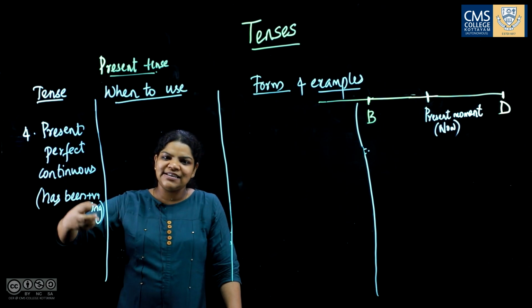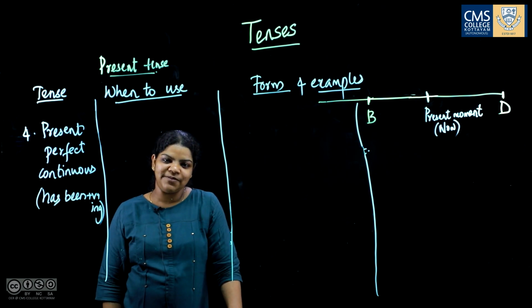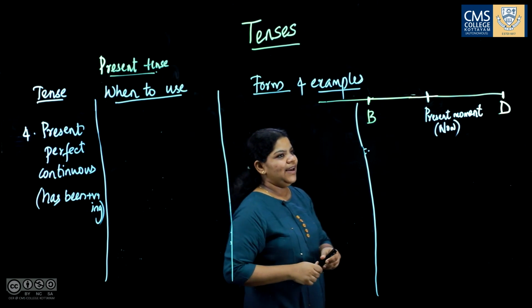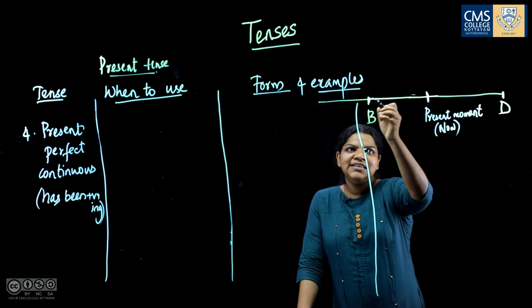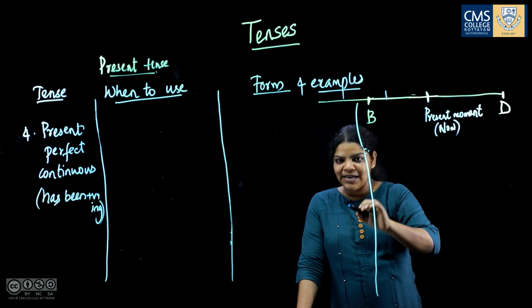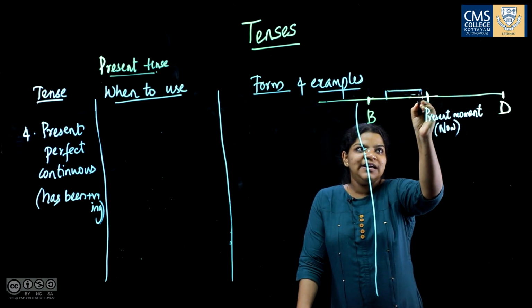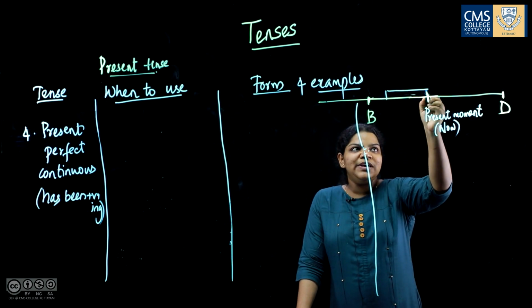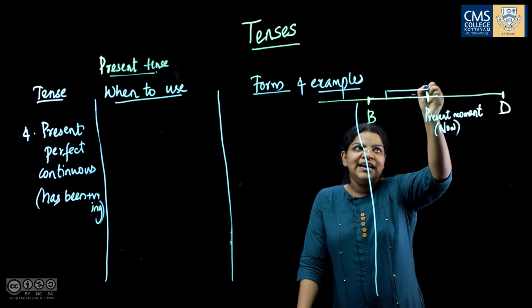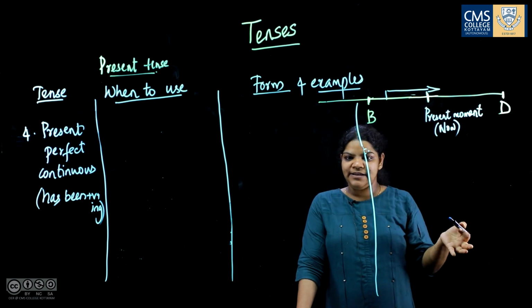Now, what is present perfect continuous action? Looking at the timeline, we understand that present perfect continuous action started sometime in the past. It is continuing. It has been happening for a longer time period and is continuing even now, and it might continue for some more time.